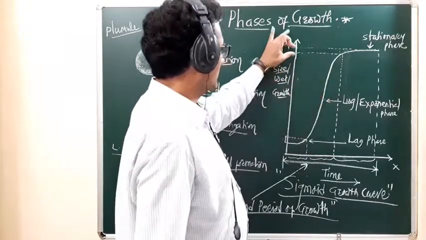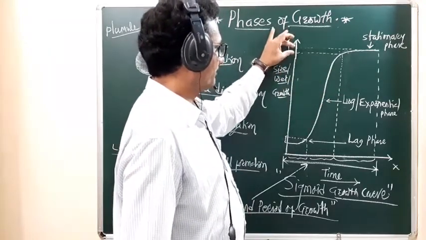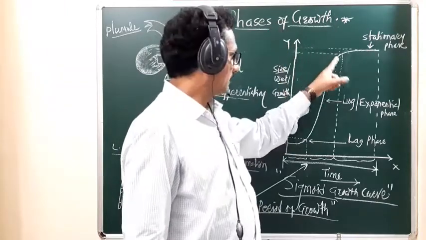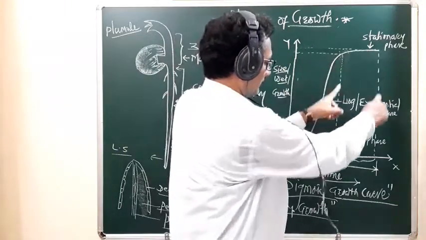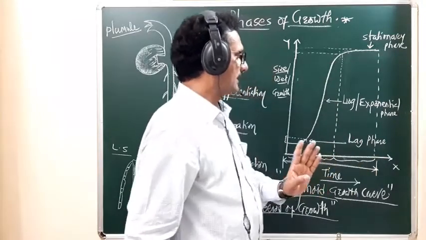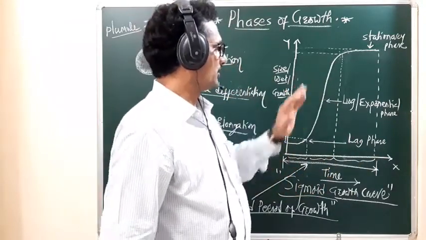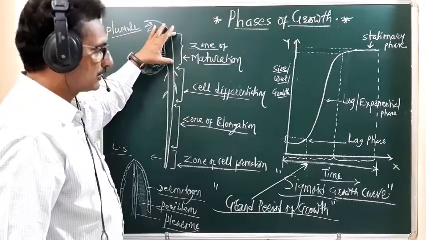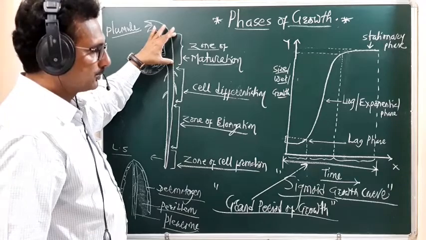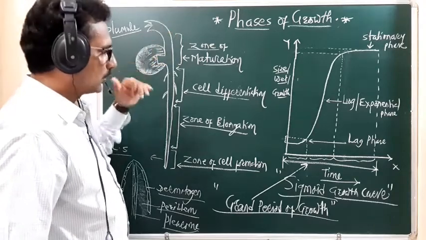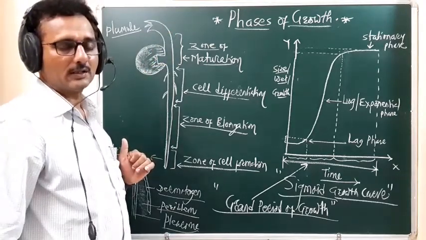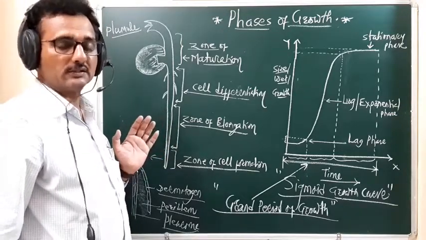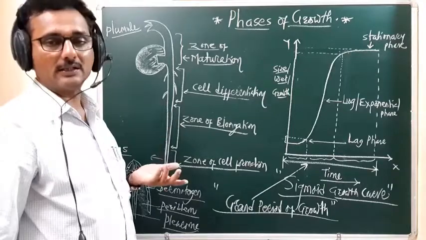In the stationary phase, the growth is very little, but the time requirement is maximum, because there is cell differentiation and cell maturation. Growth is there, but the maximum growth is not there. The growth is very slow, but the time requirement is maximum.